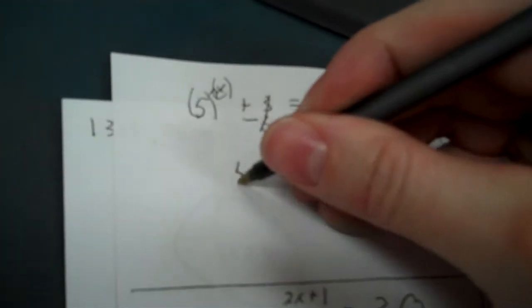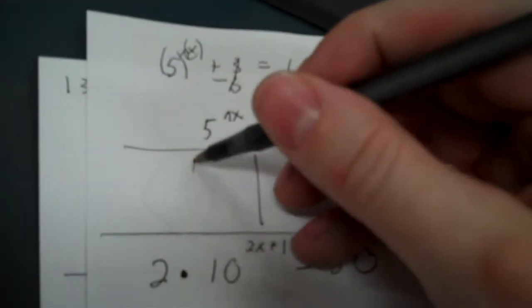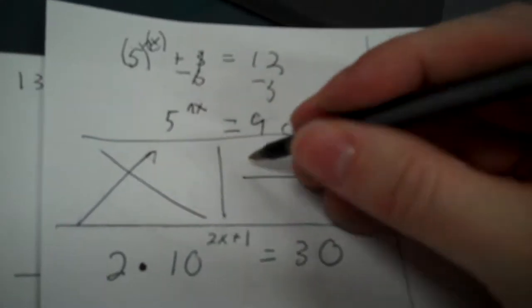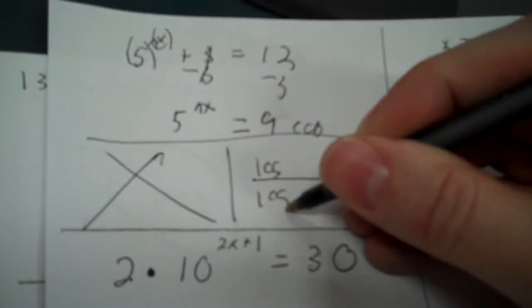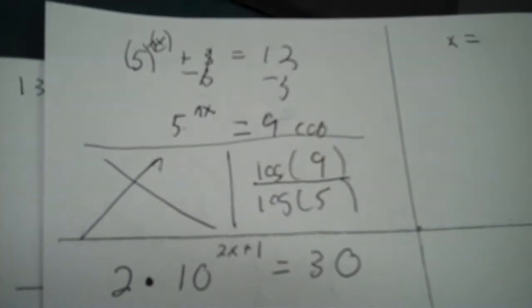That's 9, and it's 5 to the x power. Now I got to multiply 5's out to hit 9. That's impossible. Okay, so that doesn't work. So then we do the COB, the change of base formula. Me putting 5 on the bottom, 9 on the top. So I take log 9 divided by log 5. I got 1.37.